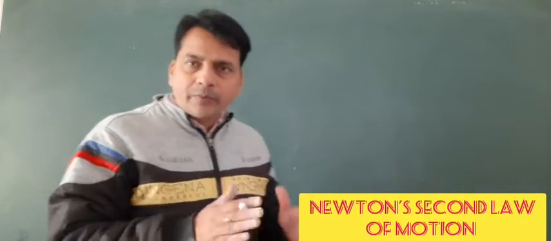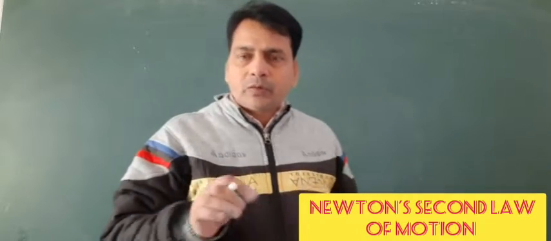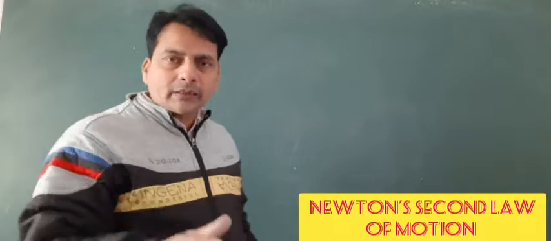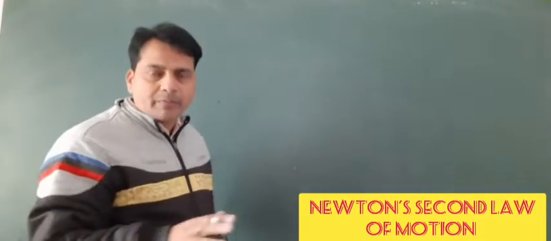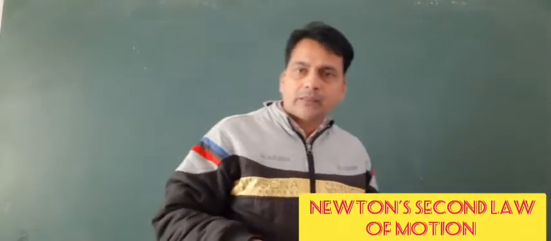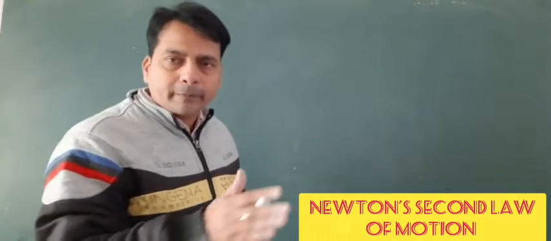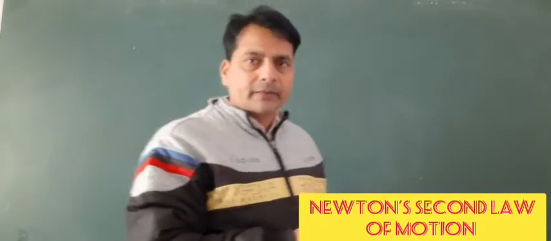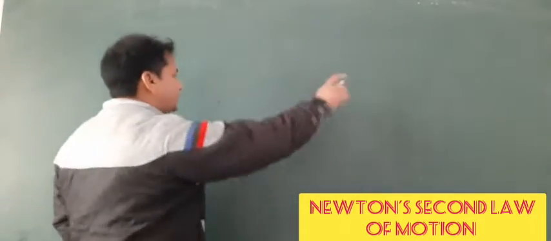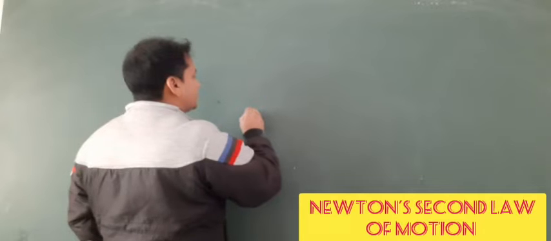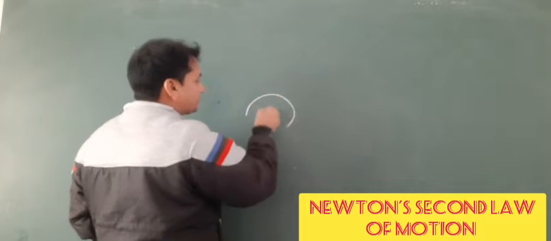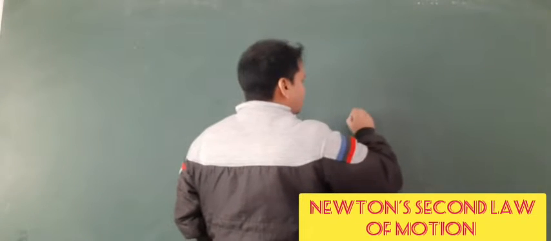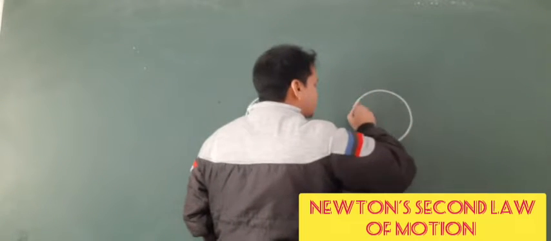First of all we will discuss some important terms related to Newton's second law of motion. Suppose two objects have the same mass and different velocity, then the force required to stop both objects will be different. Suppose there are two objects A and B, having different mass.